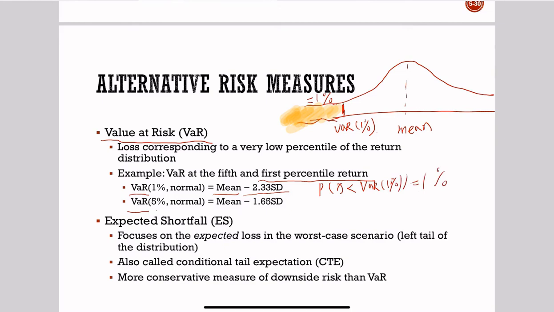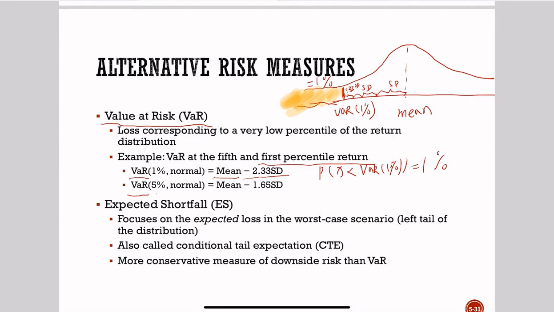And you can see that this value is given by mean minus 2.33 SD. That is, you will have one SD and another SD and 0.33 SD.